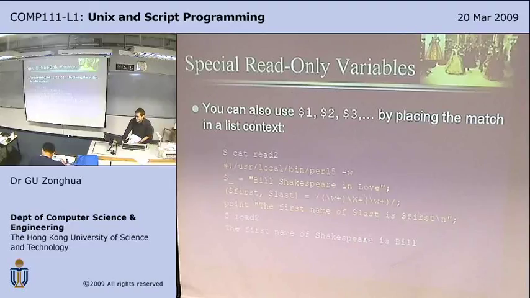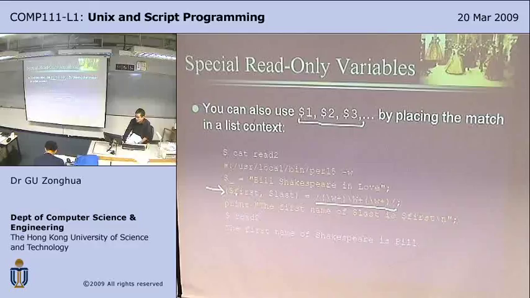You can also explicitly assign the variables. Say this one means match this regular expression against $_, and then store the resulting variables from the parentheses into these two scalar variables.